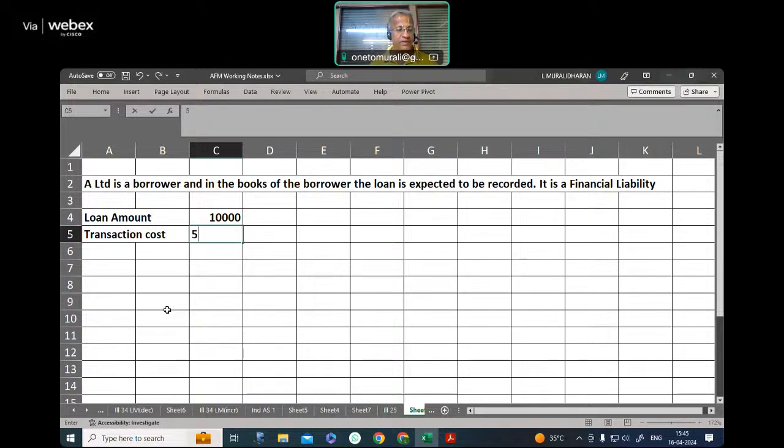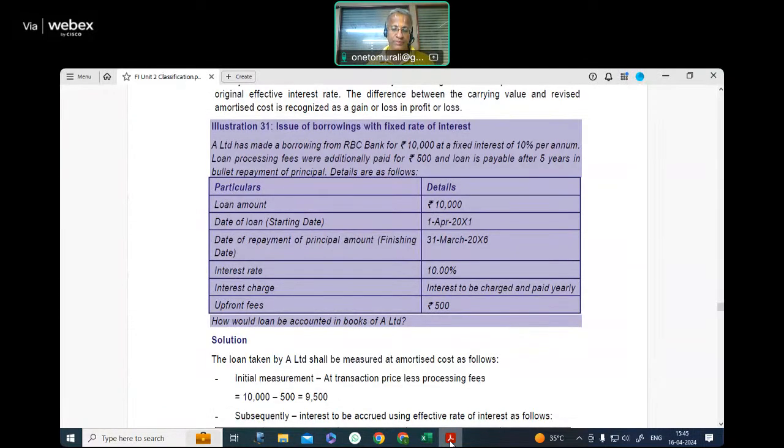Transaction cost 500. Term 5 years. Rate of interest 10% per annum.